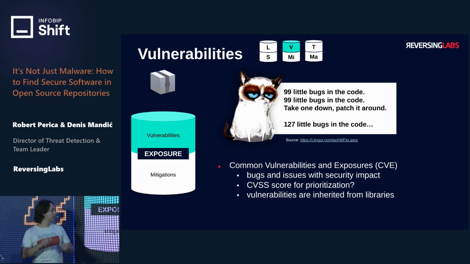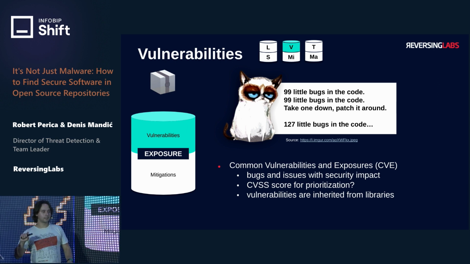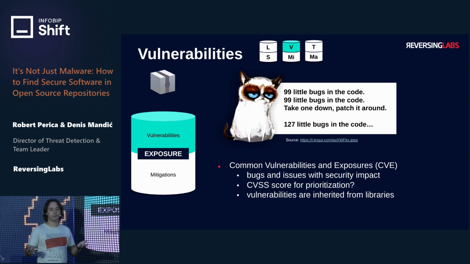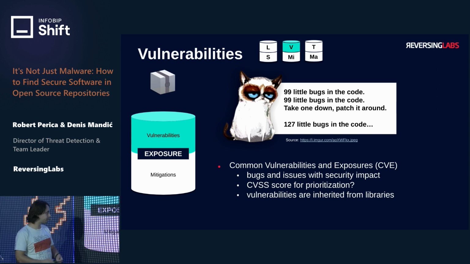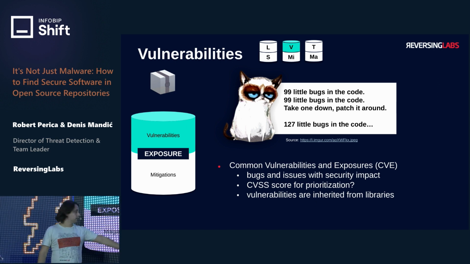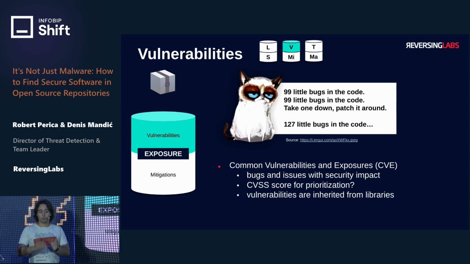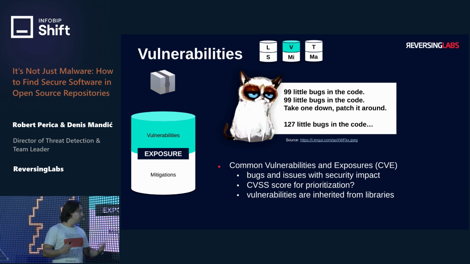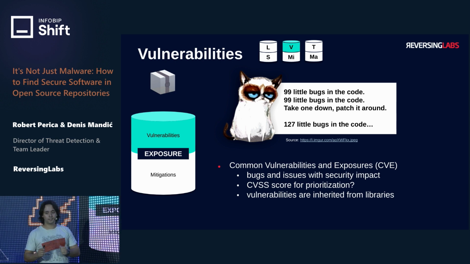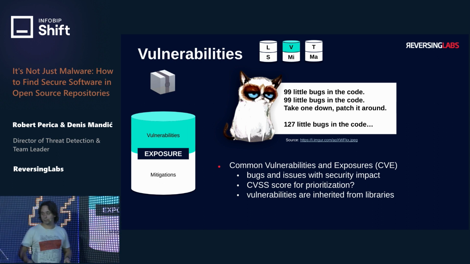It also gets a number which tells us how impactful it is, or what the priority should be when patching or mitigating it. And one thing to note, when you include other people's work in your own, you also include their bugs, which means that their vulnerabilities are now yours, and they are your responsibility to fix.